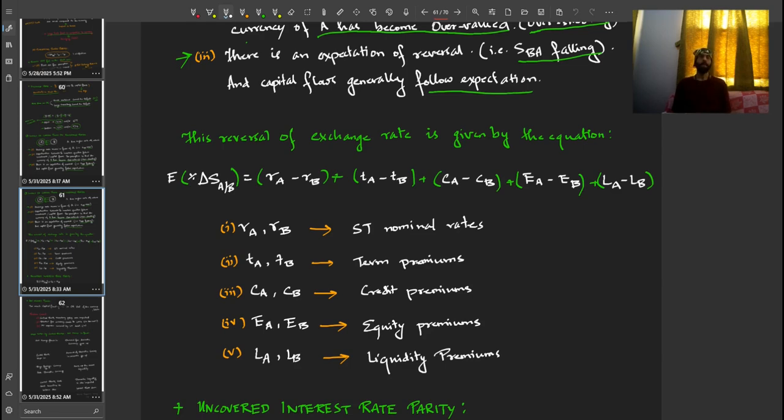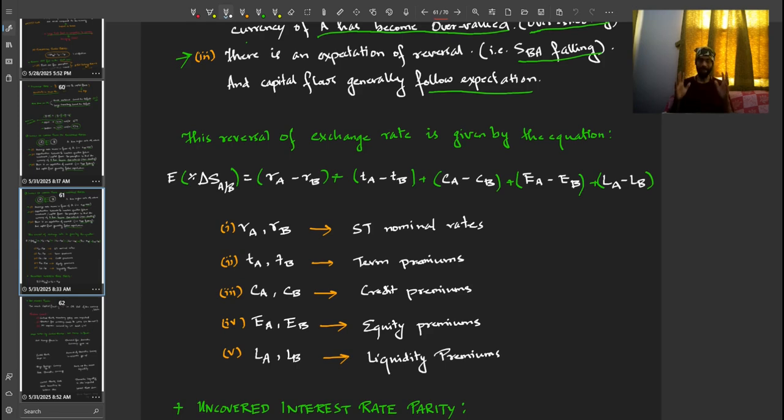Let's say in country A, the risk adjusted returns are higher, and in fact the nominal short term rates are also higher. So whether you invest in a bond, a government bond, equity, or real estate, all these things are based upon the short term nominal rates that the central banks have decided.